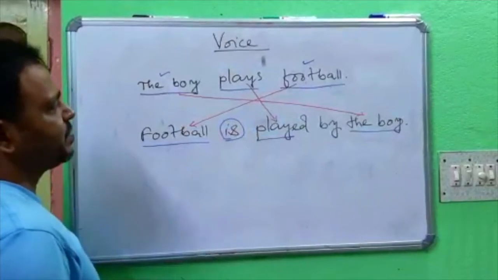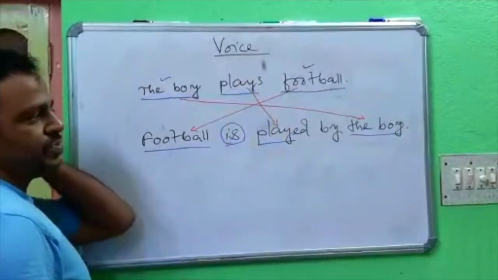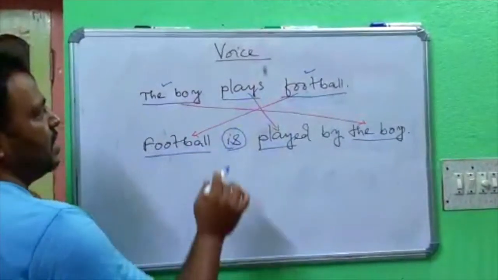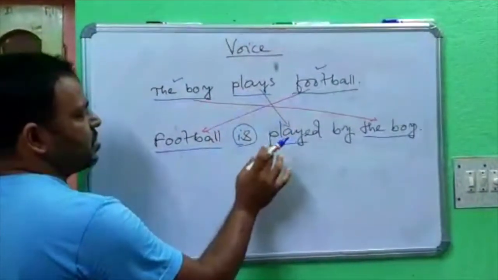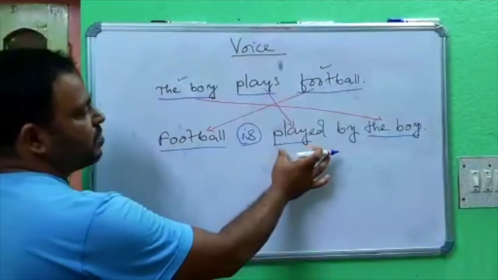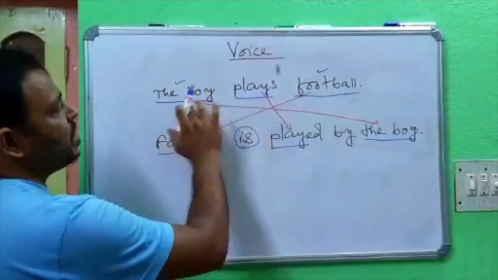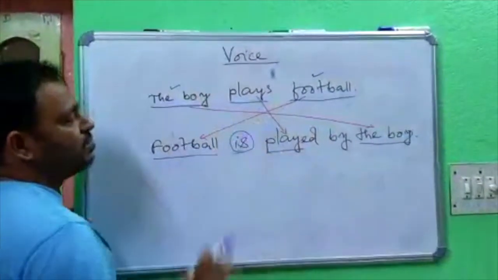Let's see, the form of the verb has been changed. This change of the form of this verb has been changed due to the interchange of this subject and object.